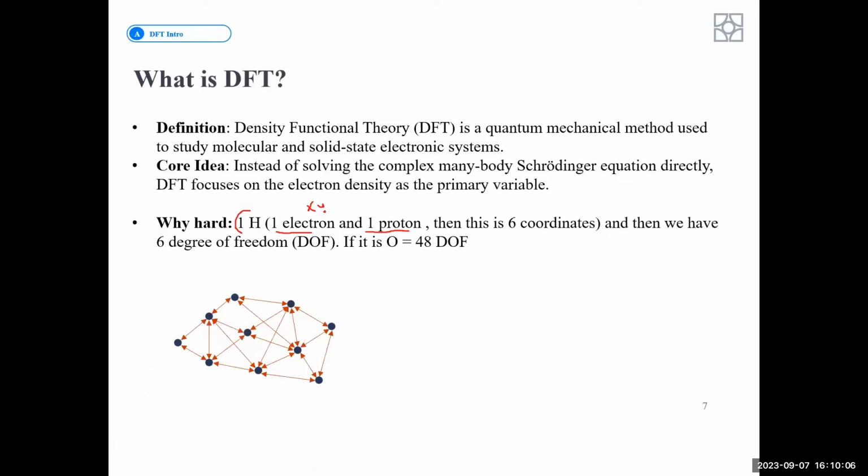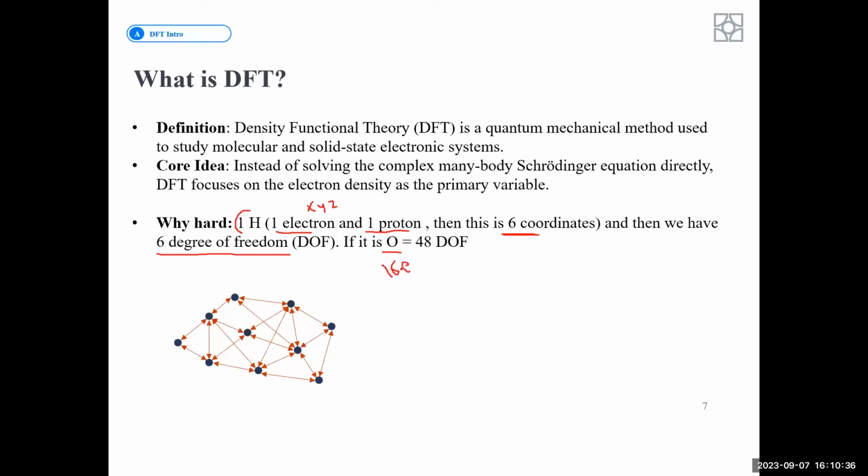We have X, Y, Z for the electron, and X, Y, Z for the proton. Then we have 6 coordinates, so 2X, 2Y, 2Z. Because we have 6 coordinates, this is called 6 degrees of freedom, like different possible variations that result from these coordinates, okay? But if you have a single oxygen, in the opposite way, a single oxygen would have 16 electrons.